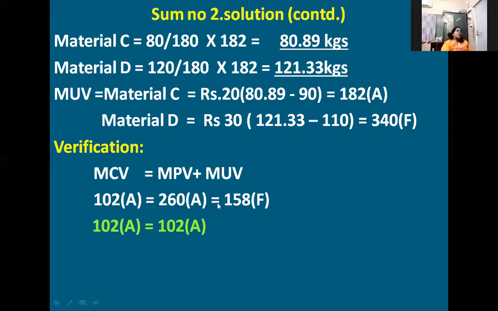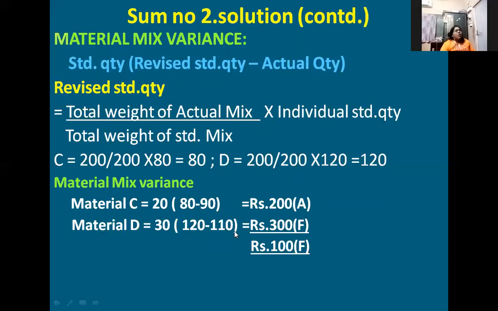Again, I'm repeating, 260 adverse plus 158 favorable. So what is the resulting answer? 102 adverse here, because the adverse is more, that is, the negative answer is more than the positive. So you'll get 102 adverse. Here also 102 adverse. So our answers are correct. We are getting the left side as well as the right side as the same answer. So here we have the verification whether our answers are right.